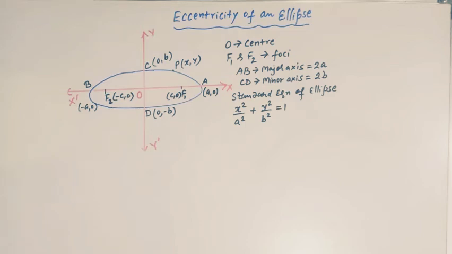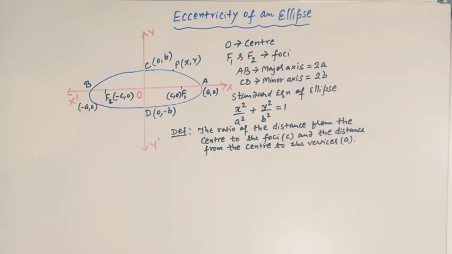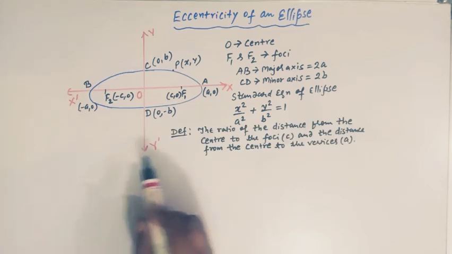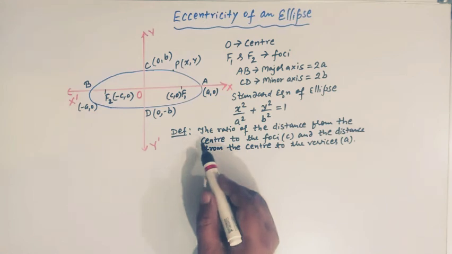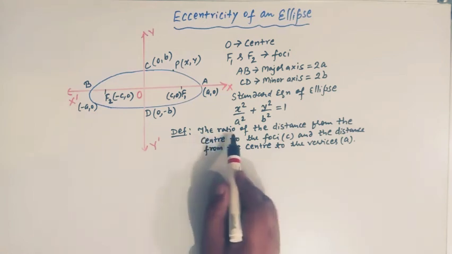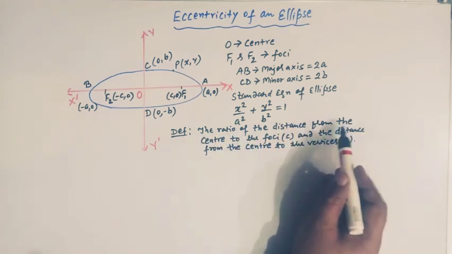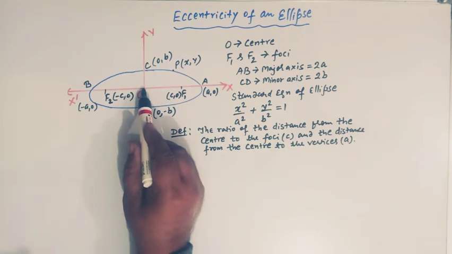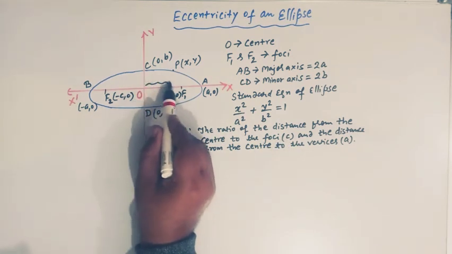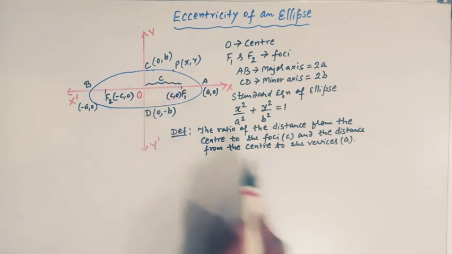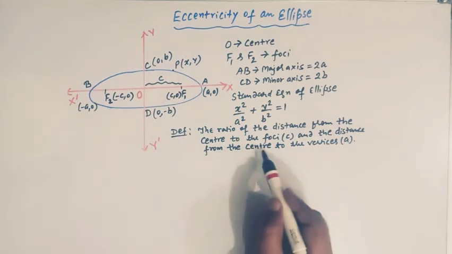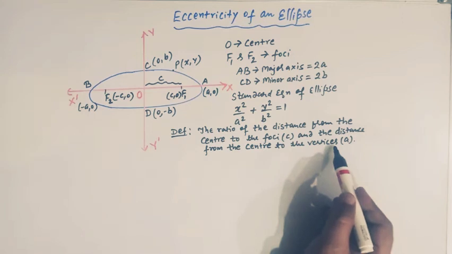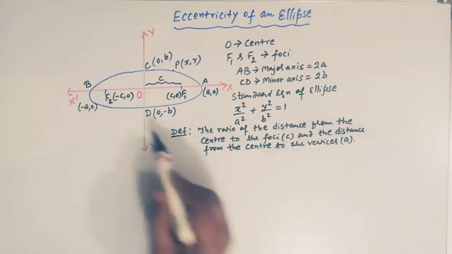Now we have to define the eccentricity of an ellipse. The definition goes like this: the ratio of the distance from the center to the foci, that is this distance, which is c, and the distance from the center to any vertex.